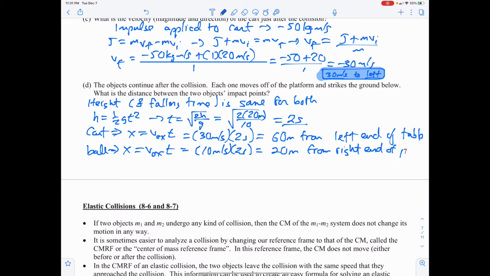Which means the distance between the two objects is going to be 60 meters from the left end plus 20 meters from the right end plus the actual length of the table, which is 50 meters, all of which adds up to 130 meters.